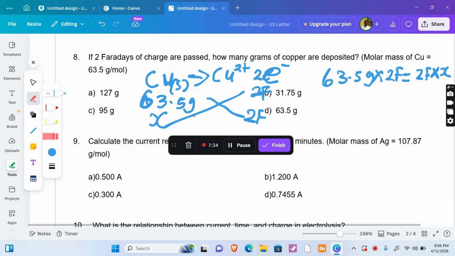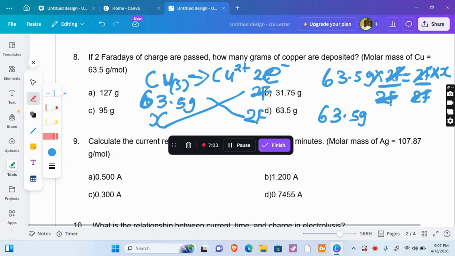We're going to divide both sides by 2 farads. Once we do that, we're going to get the grams of copper that will be deposited. If you divide by 2 farads, you have 63.5 grams. So 2 farads will still end up producing the same 63.5 grams of copper.